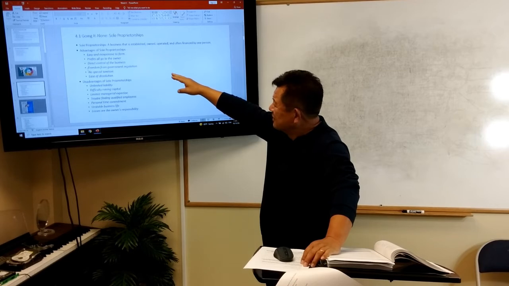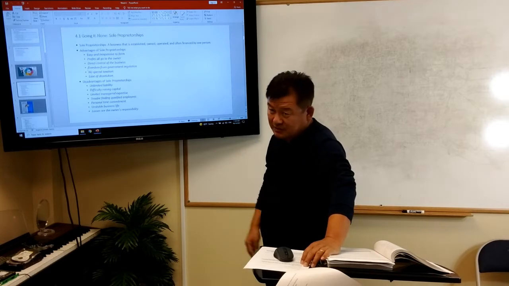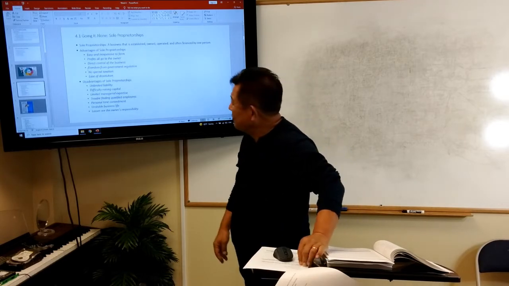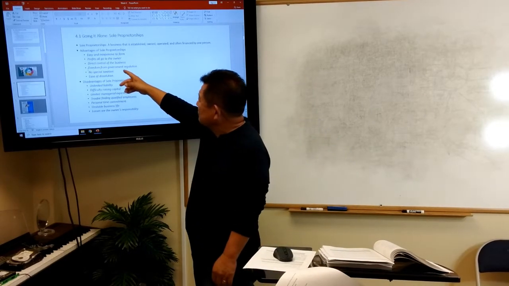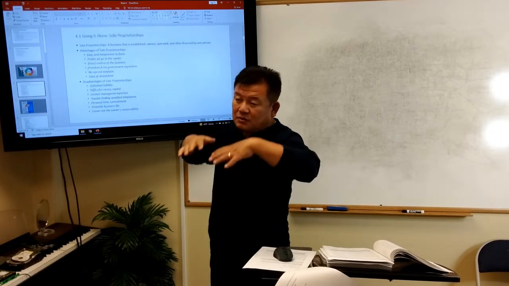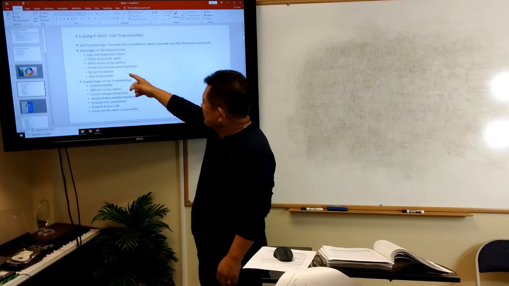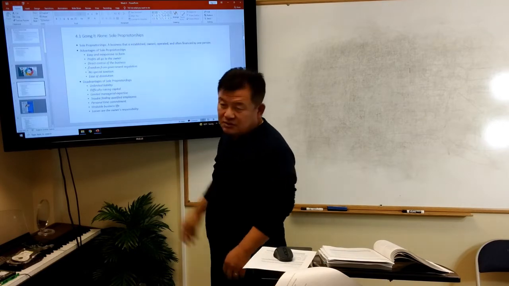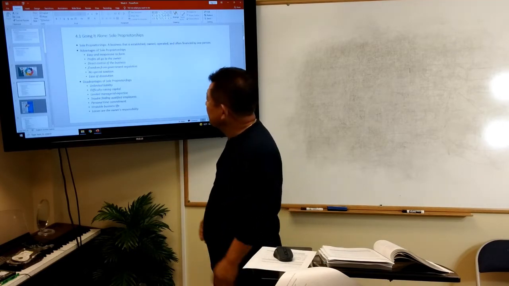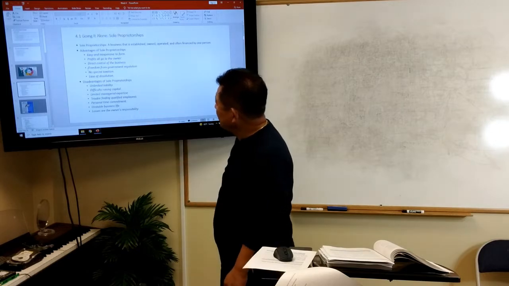The advantages of a sole proprietorship: it is easy and inexpensive to form, with very little money to open. All profit goes to the owner. If you earn profit, it belongs to you. You have direct control of the business, so you can control everything. And there is freedom from government regulation.